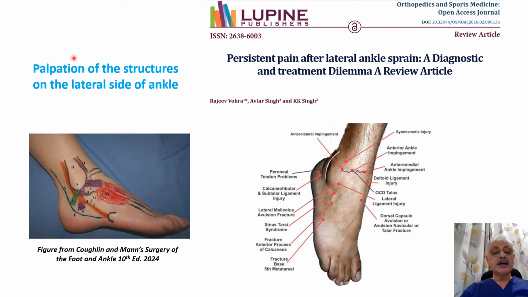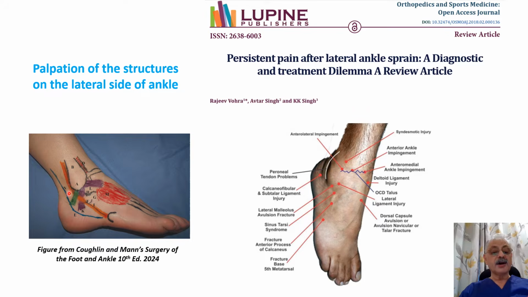Most of the time, I start my palpation from the lateral side, and we all know that there are a lot of structures on the lateral side which are commonly injured, and many sportspersons or even ladies present with twisting histories. In the twisting histories you can find a lot of different structures which get injured on the lateral side, which include the ATFL, the CFL, and then the peroneal tendons.